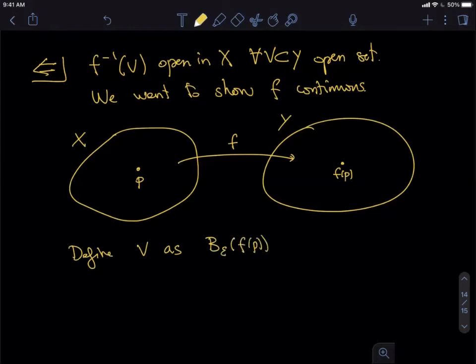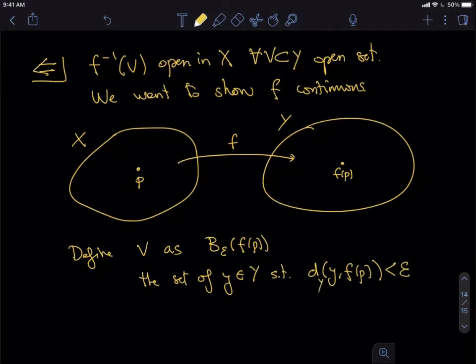Or in other words, V is going to be the set of y's in capital Y such that the distance from y to f of p is less than epsilon. This is the distance in the metric space Y.